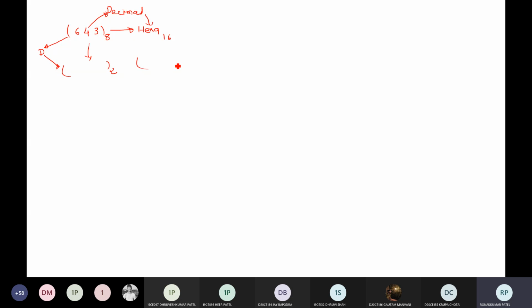Same way hexa into binary, so hexa to decimal and then decimal to binary, right? But here there is one observation, which can omit this conversion.